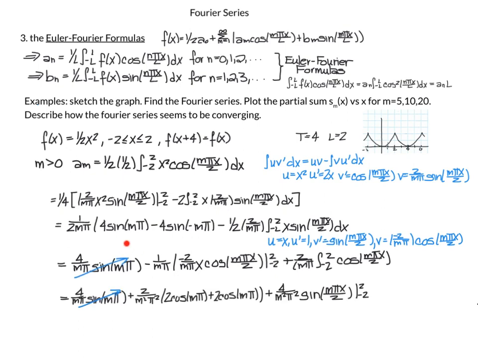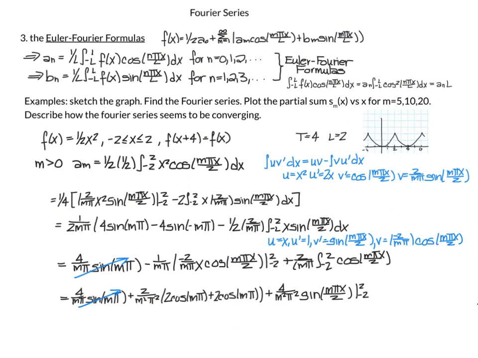So the first thing I can simplify right away, since m is an integer, is the sine of m pi. So both of these go away here, and I actually carried it down over here before I realized I could cancel it out, but this goes away. Now here, I multiplied the outside by -2, so I get a positive 2 over m squared pi squared.